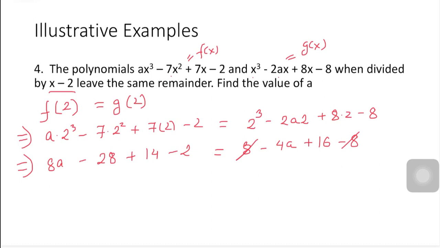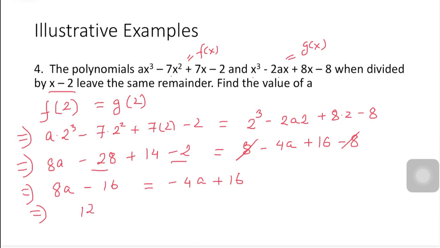The 8 and 8 get cancelled, and we have minus 28 minus 2, that is minus 30, plus 14 is minus 16. So 8a minus 16 is equal to minus 4a plus 16.